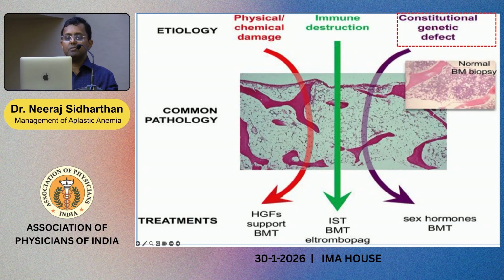So this is the telomeropathy kind of thing. Telomeropathies generally respond to sex hormones like danazol and stanozolol, and the majority of the patients with immune destruction do respond to immunosuppressive therapy, and some of those with physical damage respond to hematopoietic growth factors. I'll come to that in a little more detail.